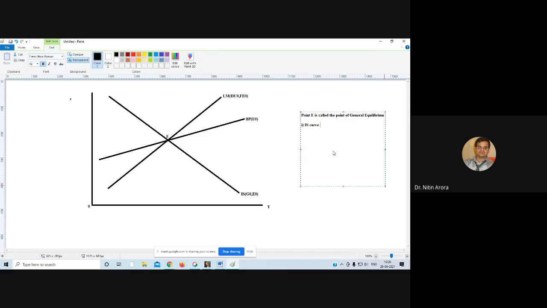IS curve is drawn for G naught government expenditure and E naught exchange rate.